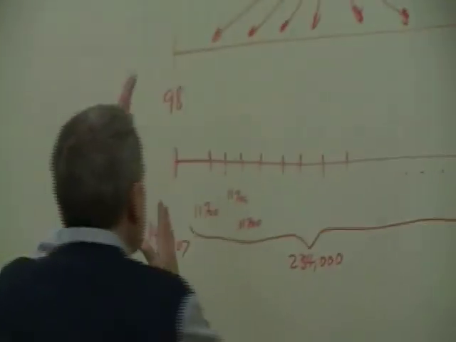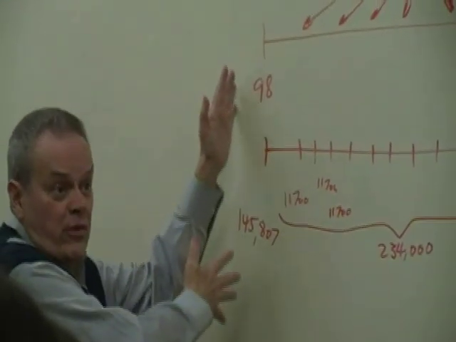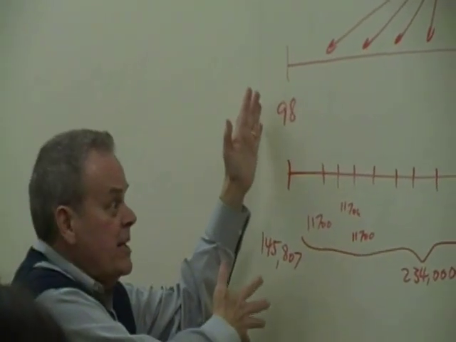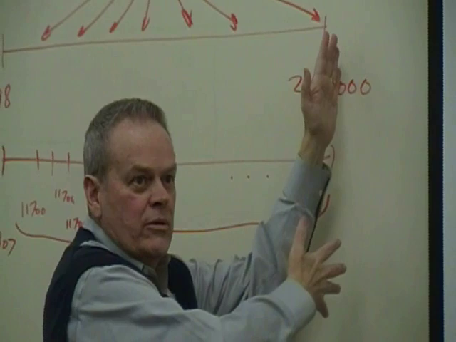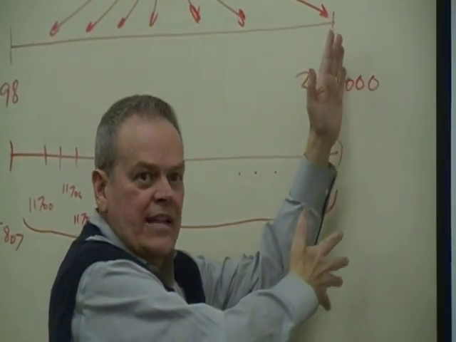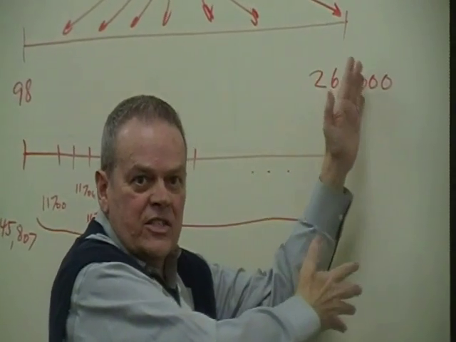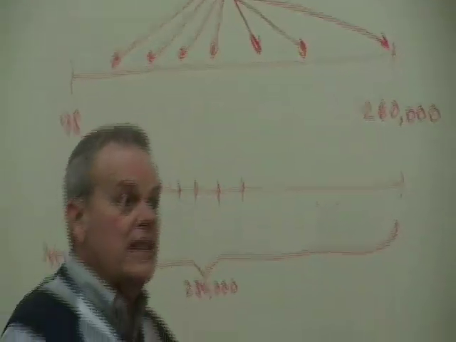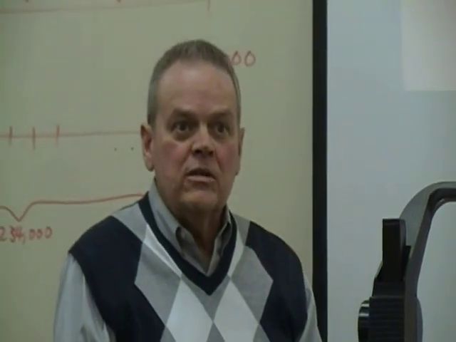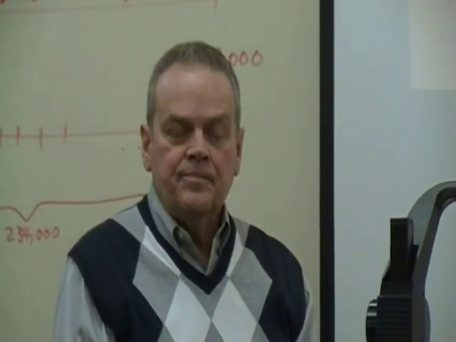Our objective is to get this 243 or whatever it was that we got at the beginning to be 260,000 by the time it matures. That's the amount we owe. That's the amount we have to pay back. It is through the allocation of this additional expense to those periods called amortization that we accomplish that.